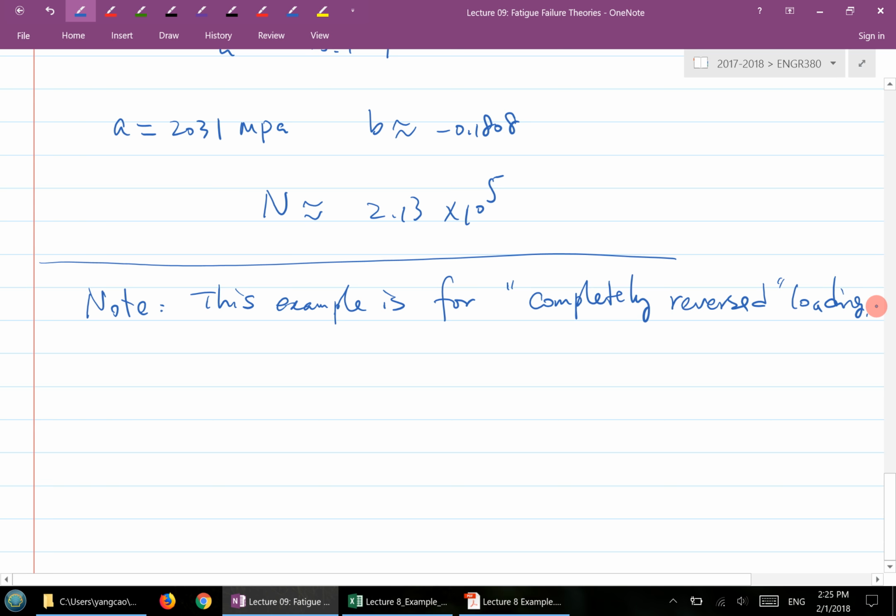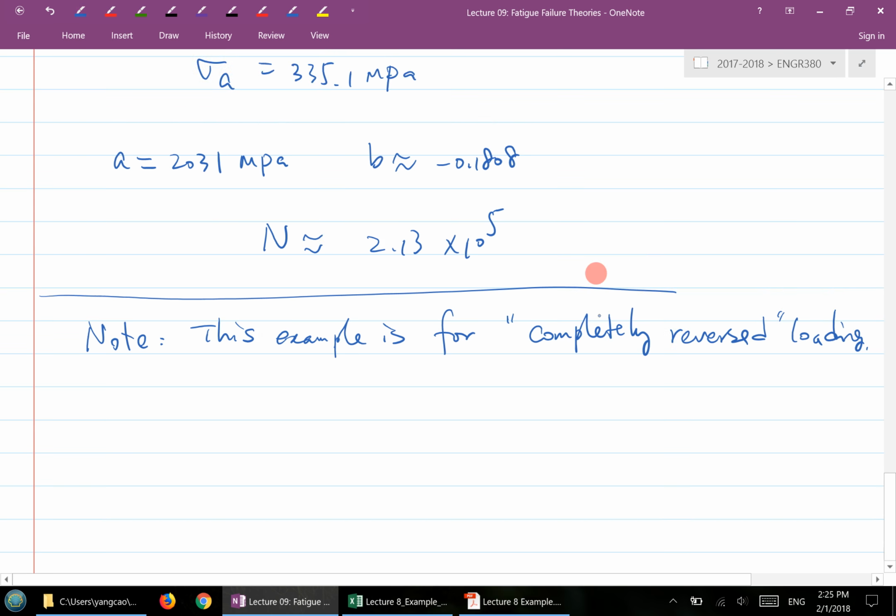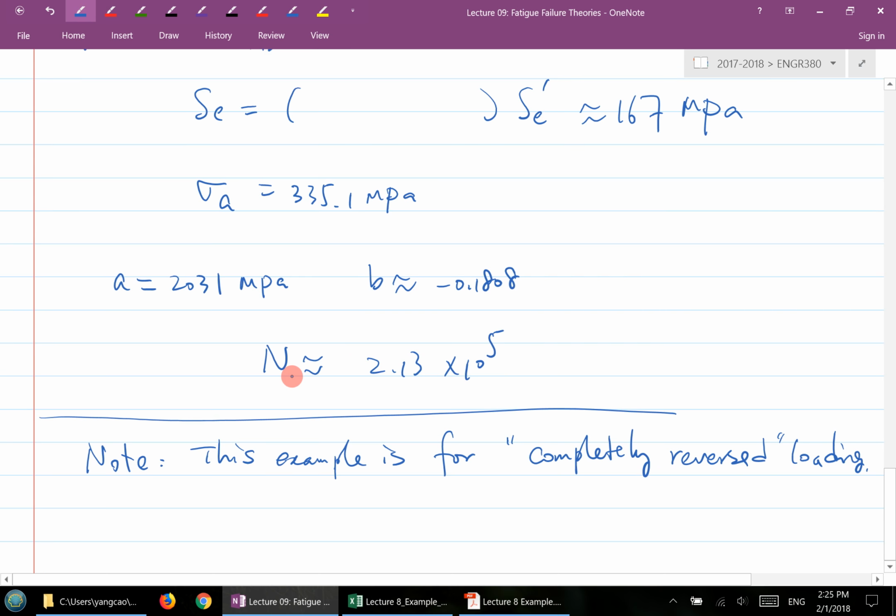And only under this condition do you use this here to find the number of cycles. Because the next topic, we're going to have a slightly different type of loading condition. Instead of completely reversed, we're going to have basically a so-called fluctuating simple load. Any questions so far on this example here?